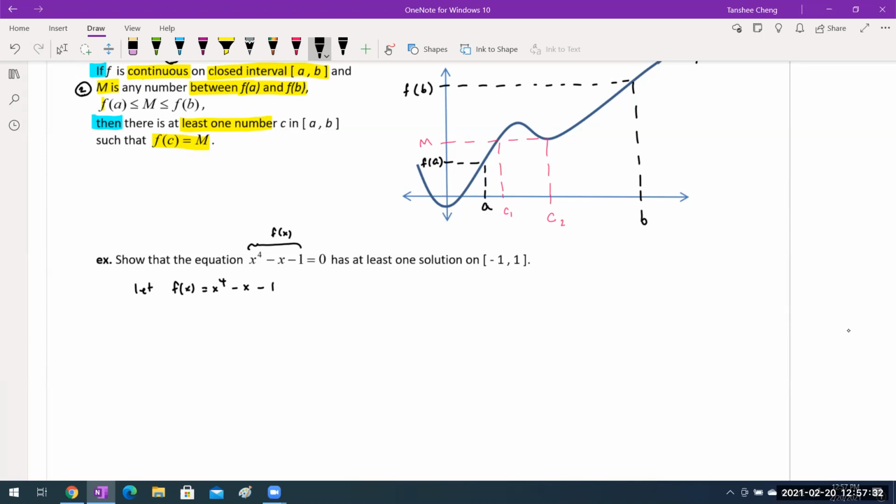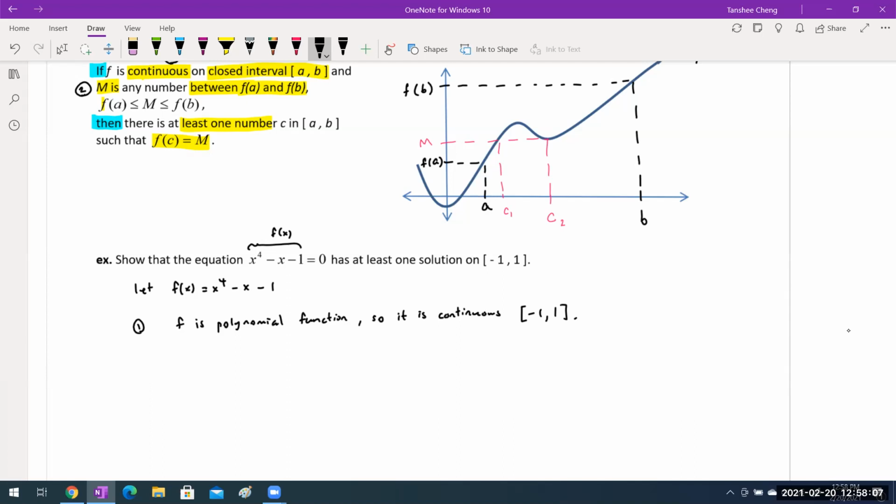The first one I need to show is whether it is continuous or not. Yes, f is a polynomial function, so it is continuous on the entire domain, which in this case we only need on the closed interval from -1 to 1.